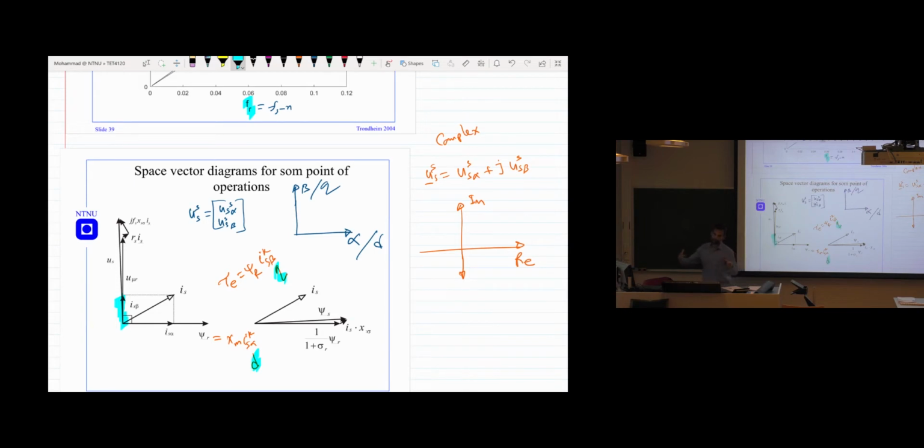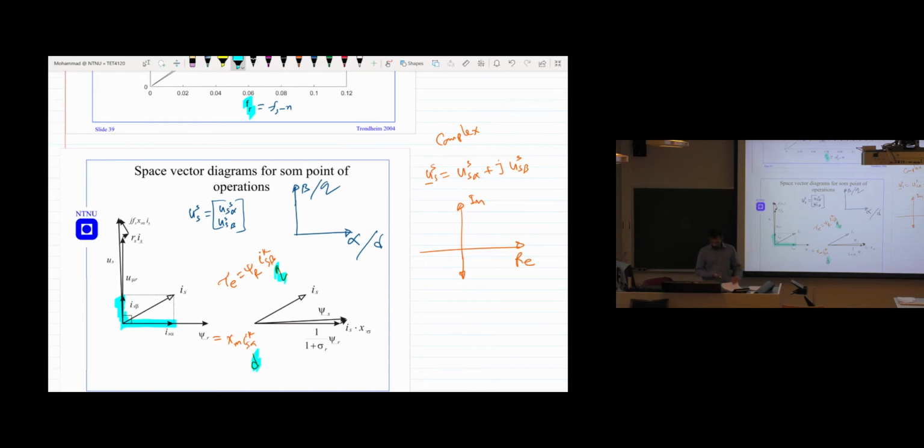So we need to magnetize the machine. If it doesn't have any magnetic field in the rotor, then it will not rotate, it will not produce torque. So what we are doing is providing this current, the alpha component of the current, to magnetize the machine. The same stator current we are using to magnetize the machine, and also the same current to produce the torque.